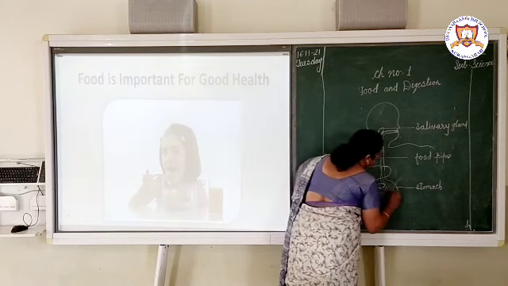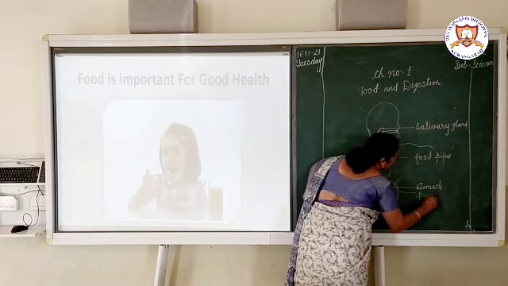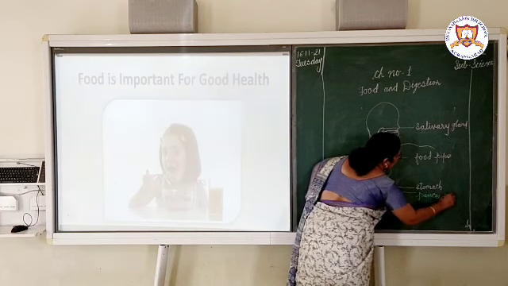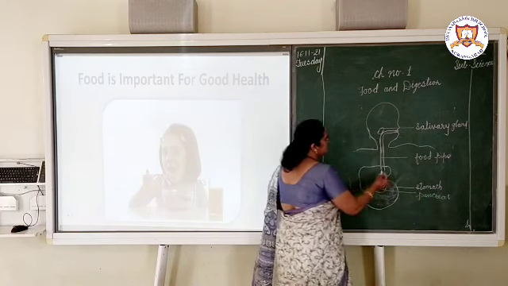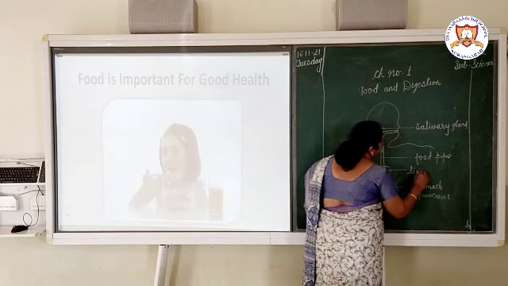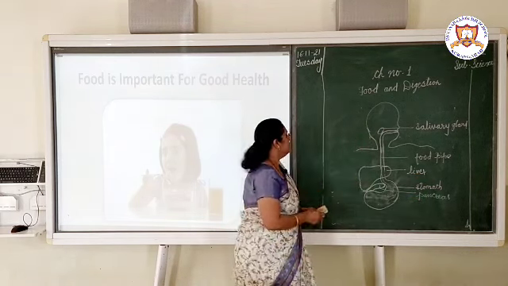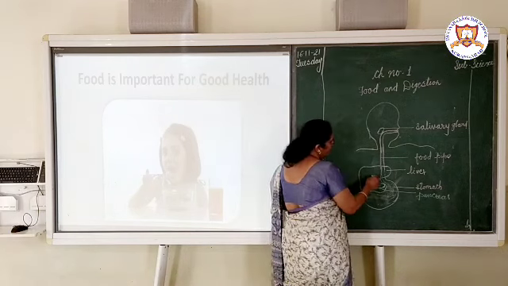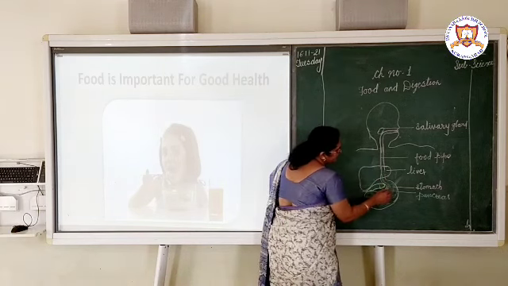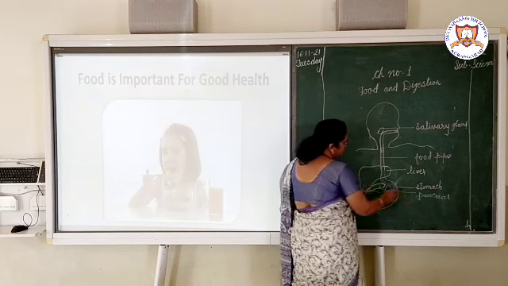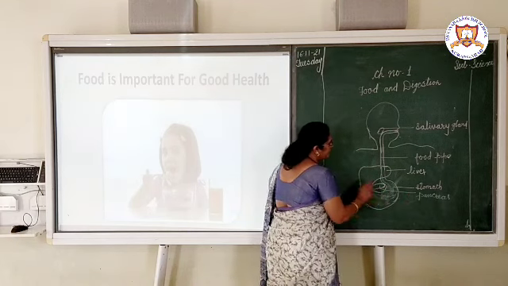This is the pancreas, and this is the liver. The liver and pancreas also secrete digestive juices, and they pour their juices into the digestive tract. The pancreas secretes pancreatic juice.